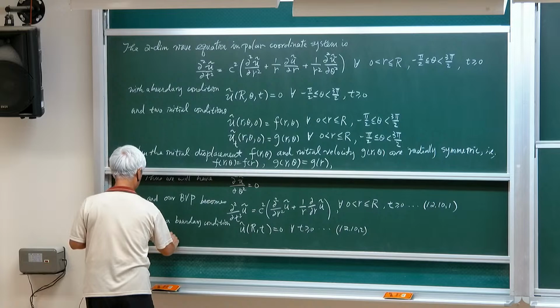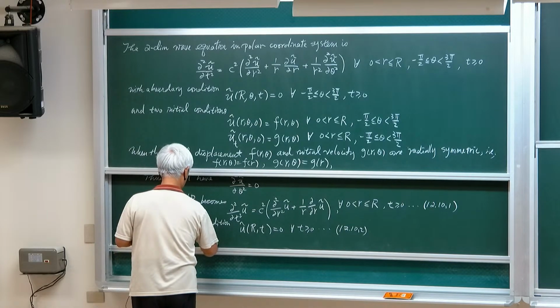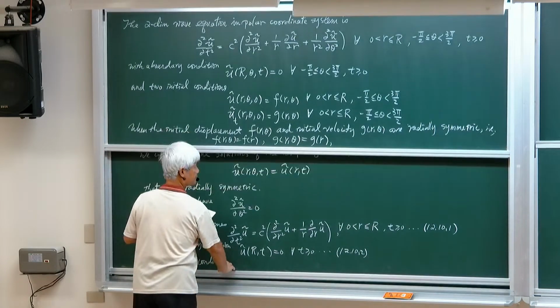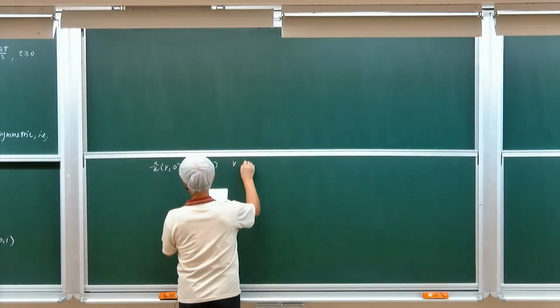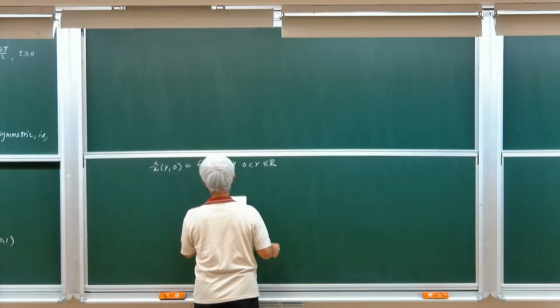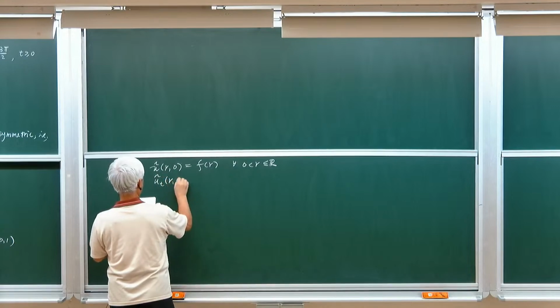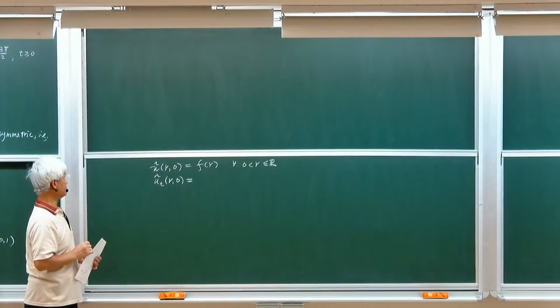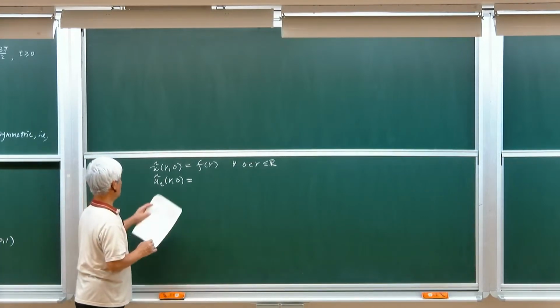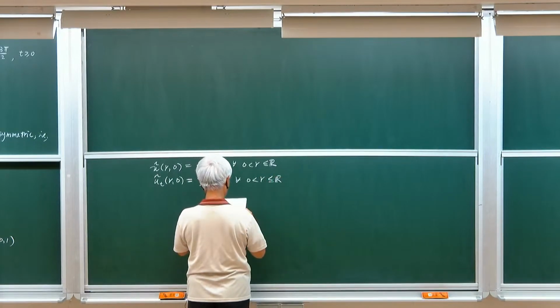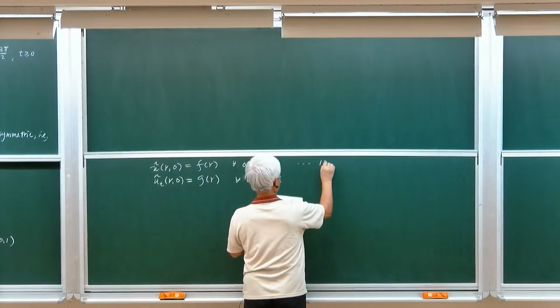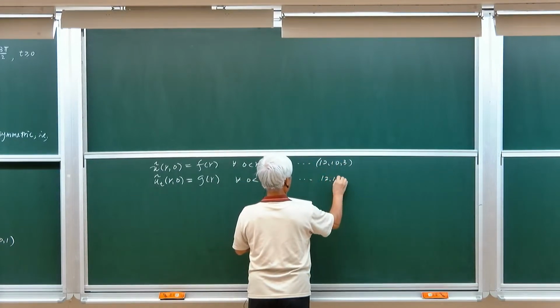And two initial conditions: u(r, 0) is equal to f(r) for all r between 0 and R, and the first order partial derivative of u with respect to the time variable becomes g(r). This is 12.10.3 and 12.10.4.